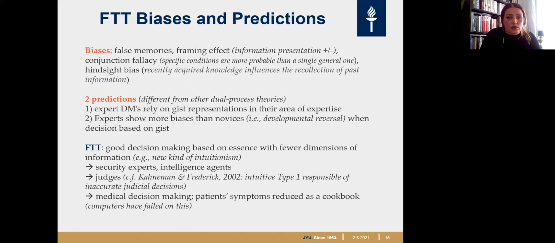FTT also makes two predictions that are different from other dual process theories: that expert decision making relies on gist representations in the area of expertise.